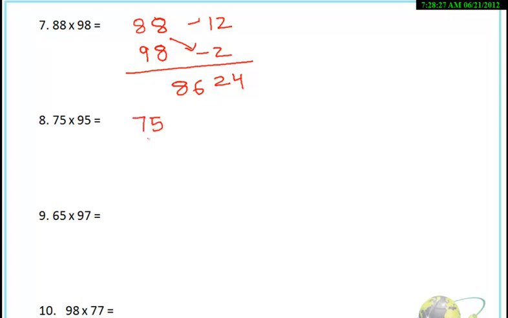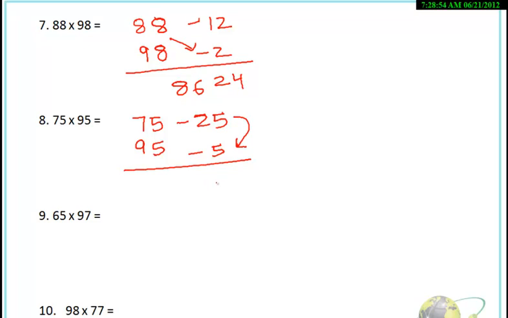Similarly, 75 into 95. It is minus 25 from 100 and it is minus 5 from 100. Now 25 into 5 is 125. But as we have already discussed, we cannot write 125 as it is since we have chosen the base as 100 and there are only two zeros in 100. So with this multiplication, we'll be filling two digits only.